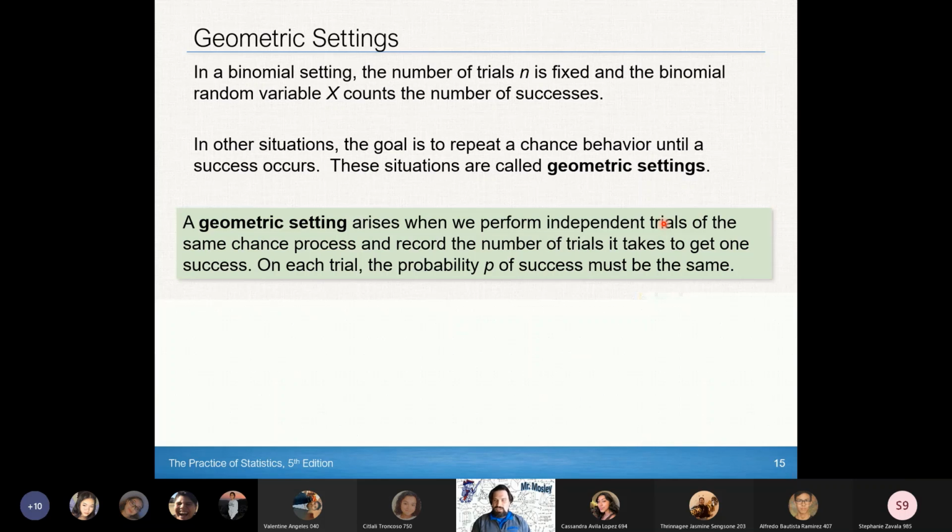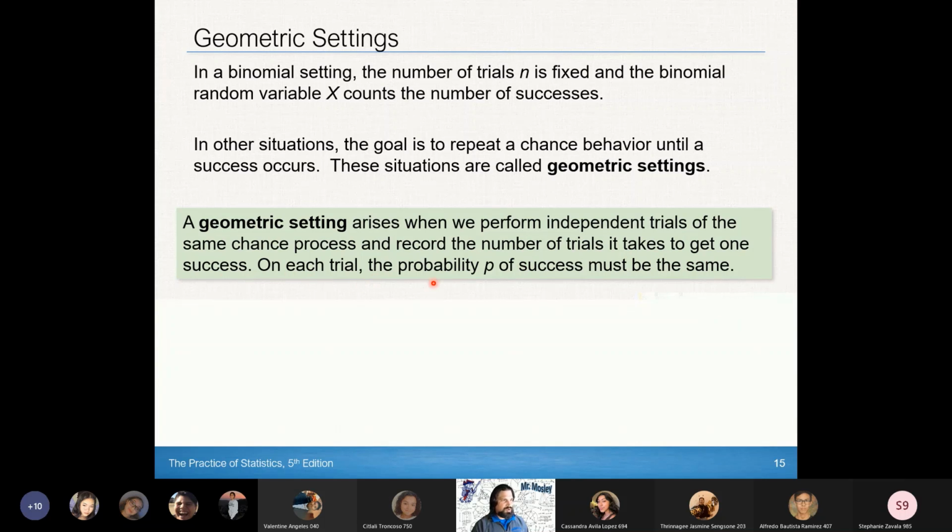So instead of doing a fixed number of things and counting how many successes I have, I'm going to count how long it takes for me to have a success. That's the difference between binomial and geometric. A geometric setting arises when we perform independent trials, so we still need independence, of the same chance process and record the number of trials it takes to get one success.